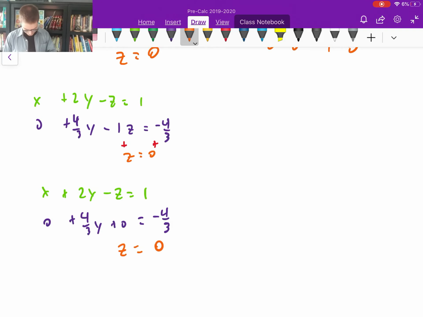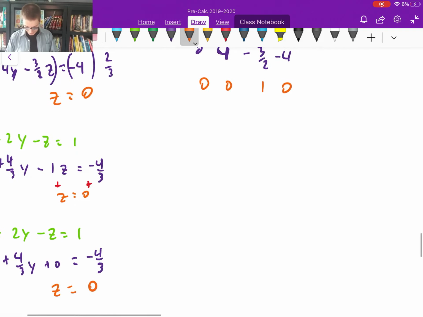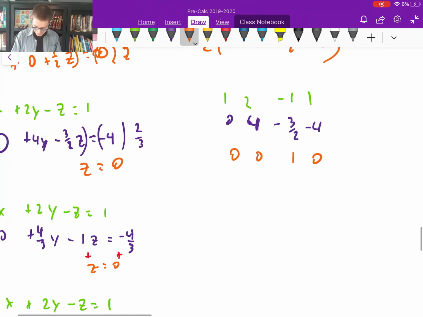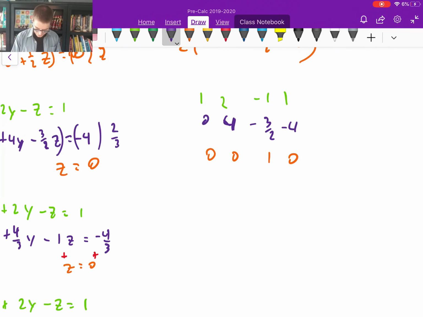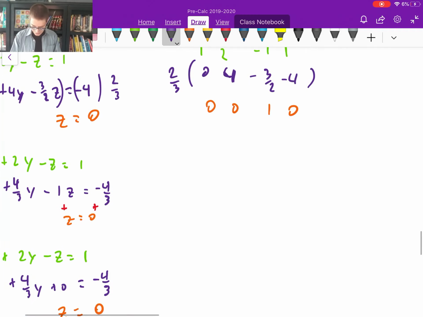Okay, great. So I'm going to do the same thing on this other side. Fortunately, it'll take a little bit less time, hopefully. I'm going to multiply both sides by 2/3. 2/3 times all this, so we get 1, 2, negative 1, 1, and then 0, 4/3, and then negative 1, and then negative 4/3, and then 0, 0, 1, 0.